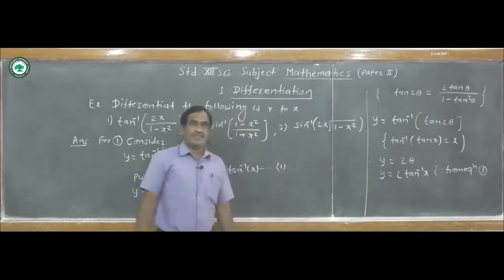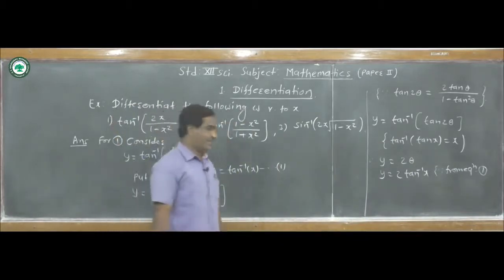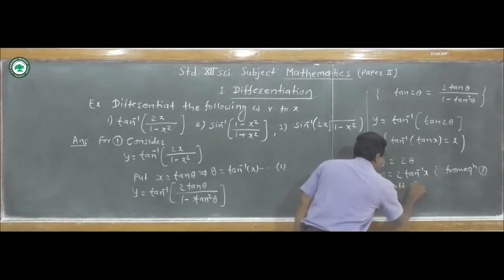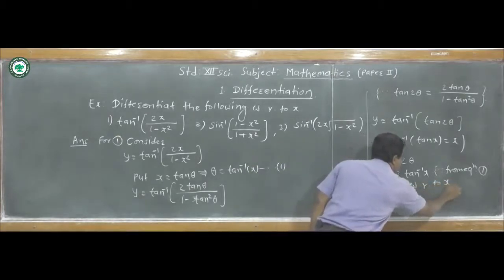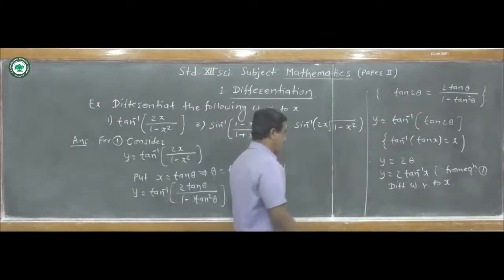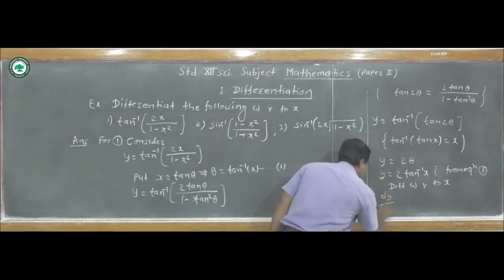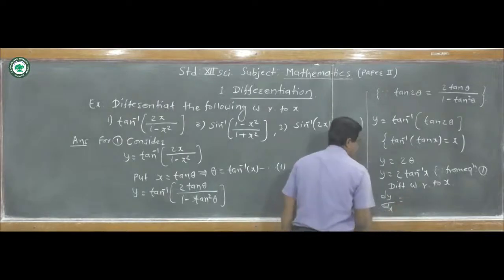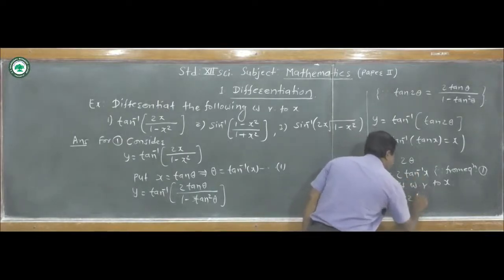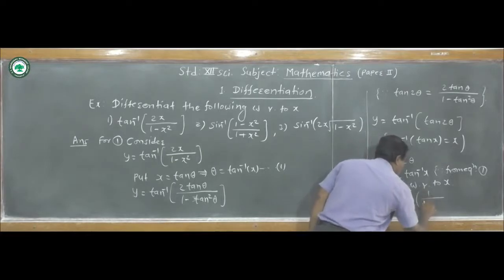Now differentiate this equation with respect to x. Therefore, derivative of y is dy upon dx equal to 2, as it is constant term, times derivative of tan inverse x, which is 1 upon 1 plus x square.